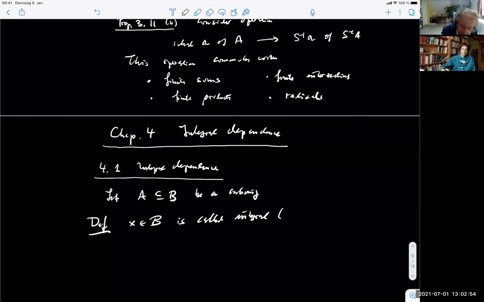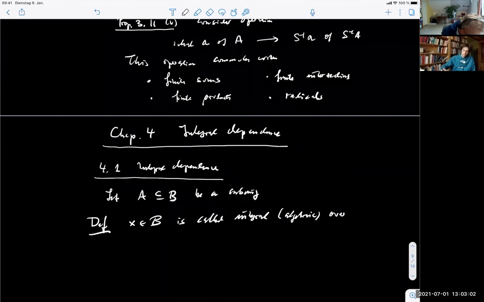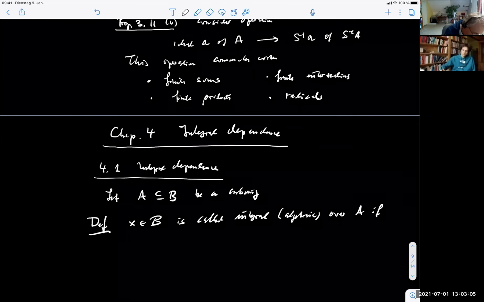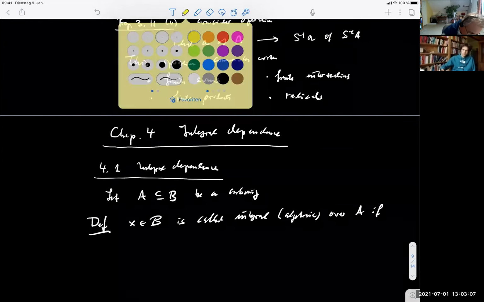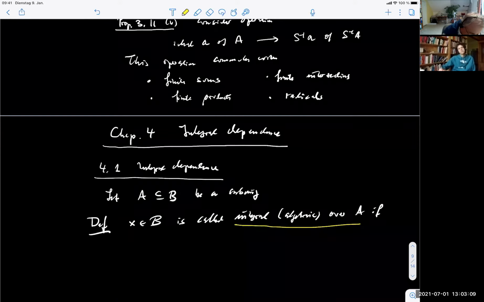If you want to be very detailed, you say integral algebraic, but people usually just say integral, if x is integral algebraic over A.